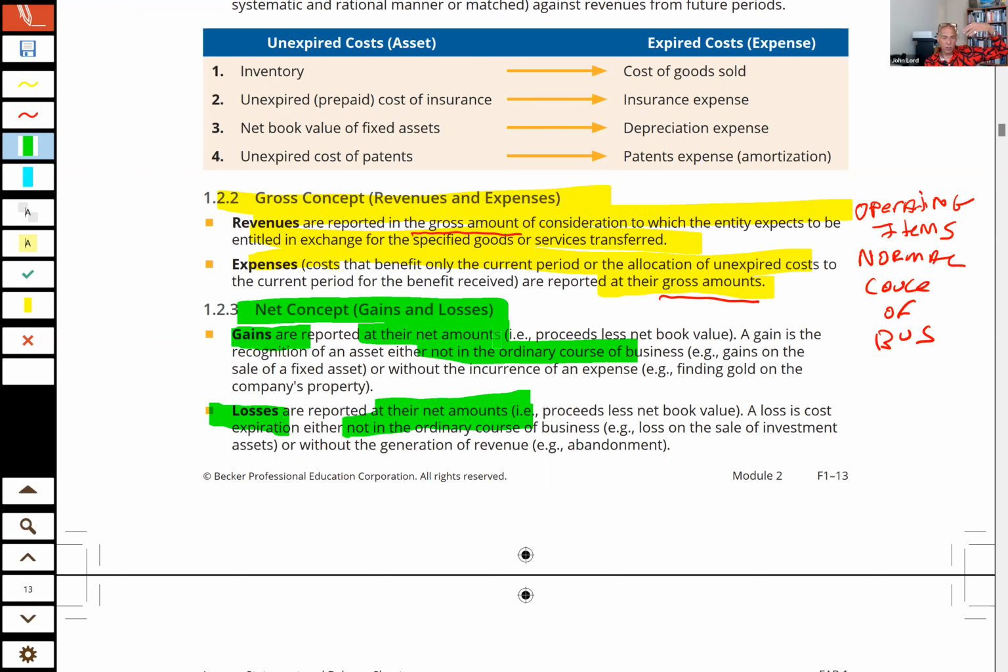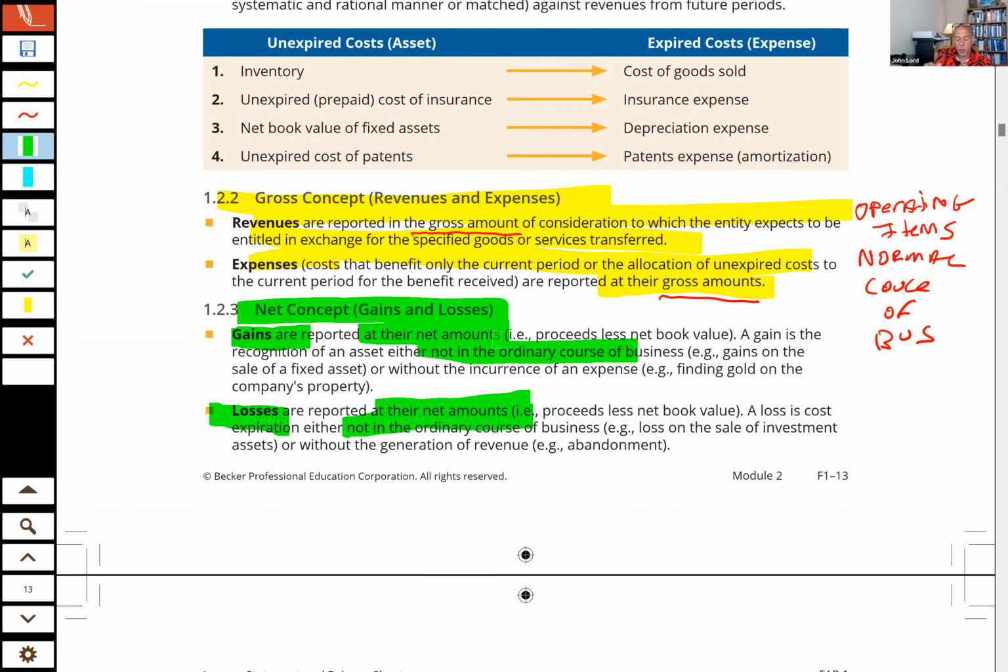They would have a loss for any merchandise they lost in that situation, for the smashing of the window, for the repairs, right? They'd have to pay those costs. But let's say they have an insurance recovery on some of that. So they would report that loss, because it's not the normal course of business, and they would report that loss net of any insurance recovery. Okay. That's basically where we're going with this.